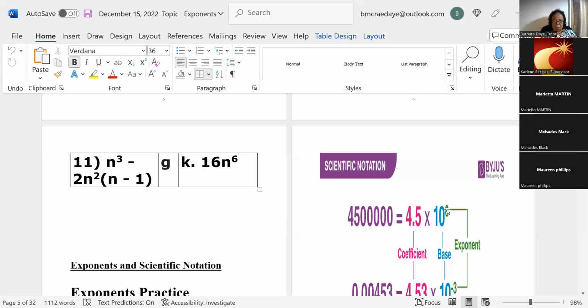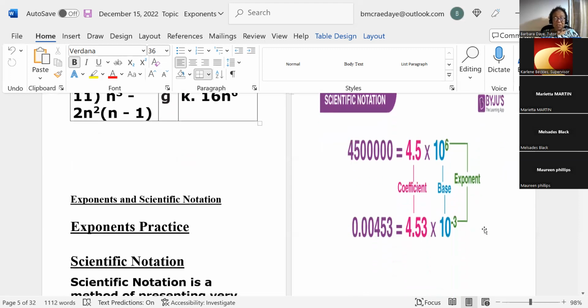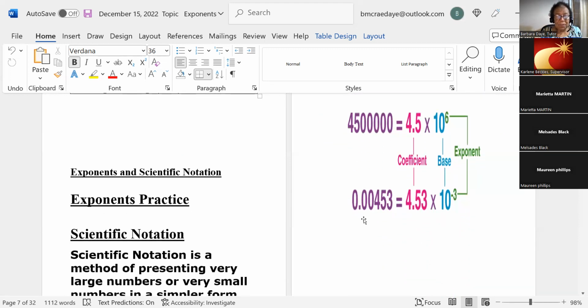If you move to the right, you have negative. So if you moved it between the 4 and the 5, this becomes 4.5. There's your coefficient. There's your base 10. 6, the number of places you moved it, that's the exponent.